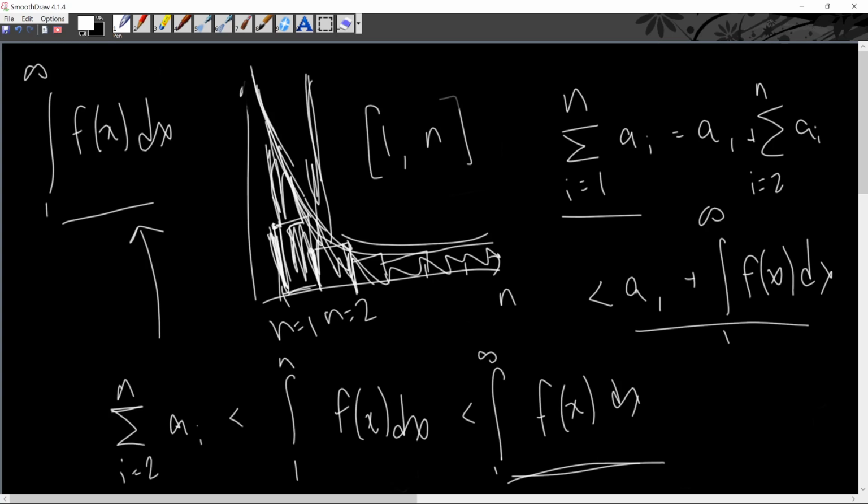And that means that the sequence of partial sums, like we said at the very beginning of this video, the limit as k approaches infinity of s sub k, is equal to that. This is the limit itself, and this is bounded above by this value.